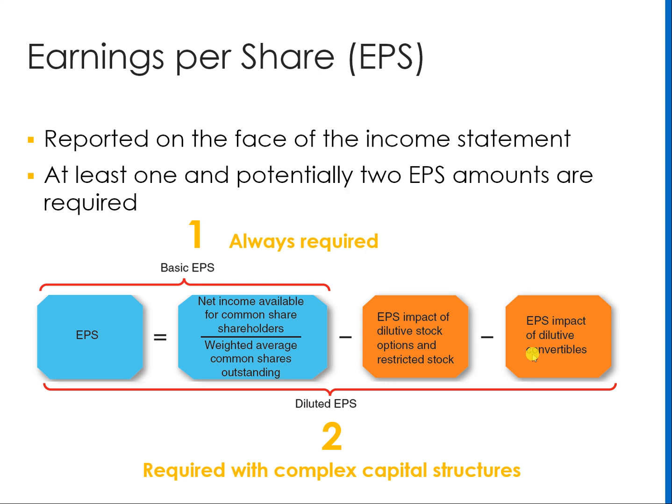Also, any convertible securities which can be converted into common shares, their effect will also be considered when we calculate diluted earnings per share. So these are the two earnings per share measures, basic and diluted.